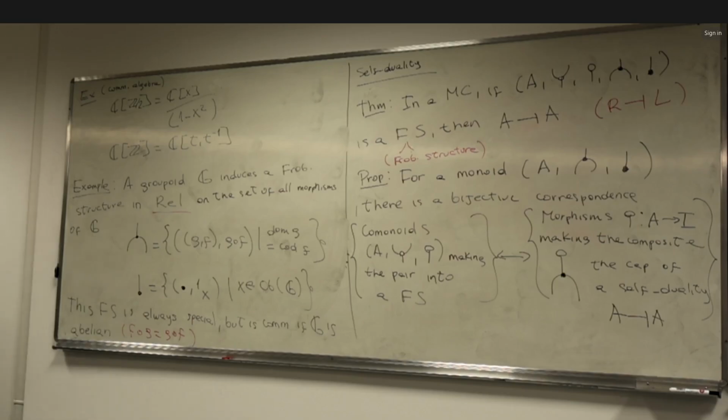The condition that you want in this case is not just that G is abelian, but that every time G and F are composable, F and G are composable. Which tells you that G is a disjoint union of one object groupoids. That's true. Yeah, that was more complicated than my first impression. Okay. Thanks.